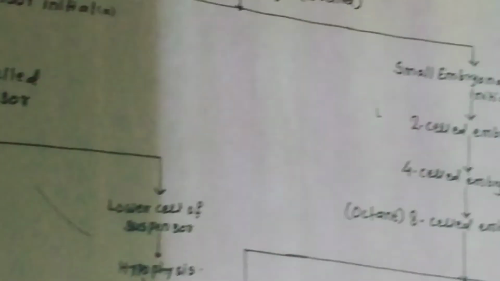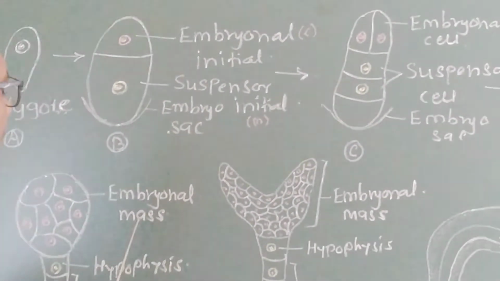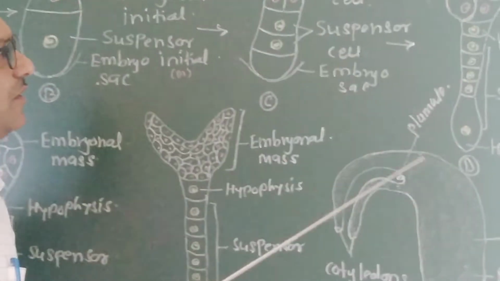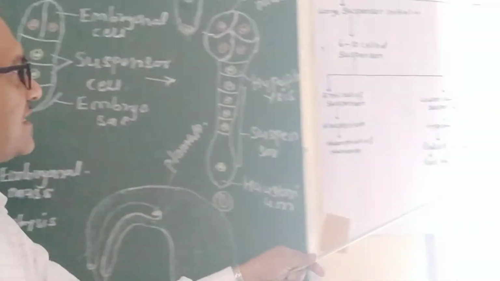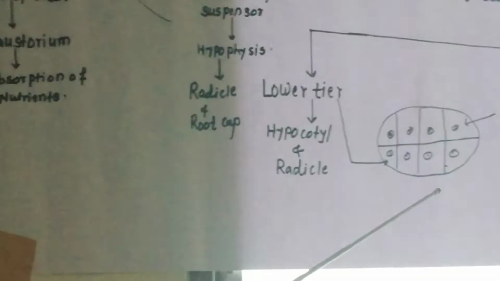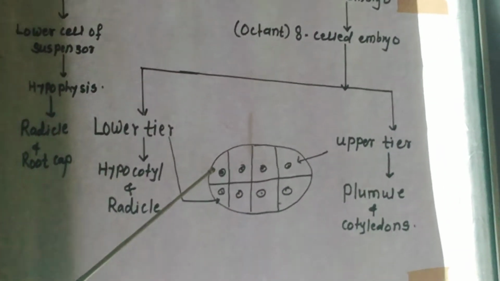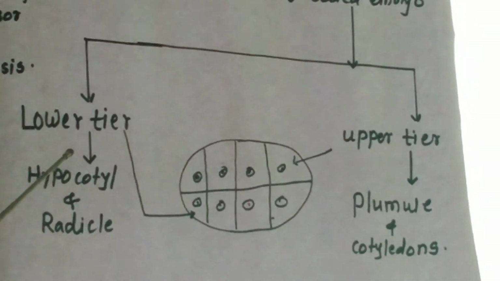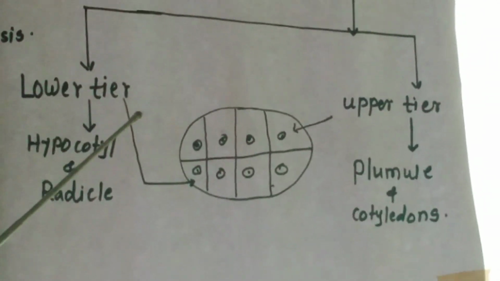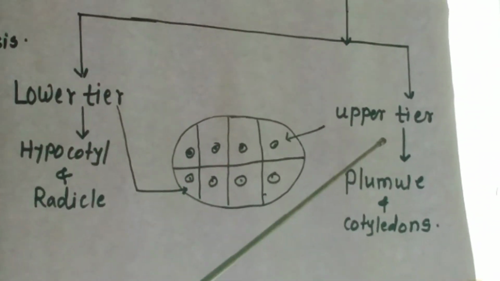These 8-celled embryonal mass consist of two tiers: one is the lower tier and another is the upper tier.